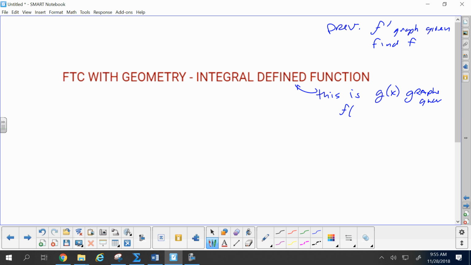And I would say f is an integral defined function. So say maybe the area from 0 up to some endpoint x under the curve G. Now, I know it feels like this is, well, it's a little more freaky looking. It's got an integral and stuff, but these are pretty much the same.